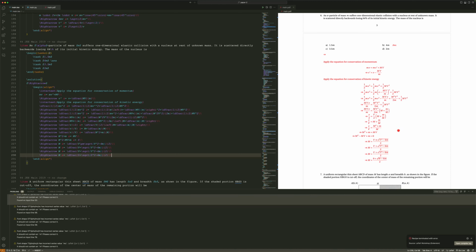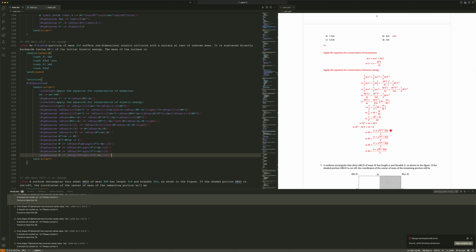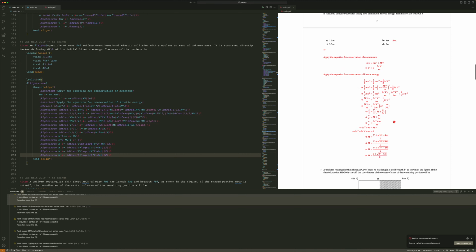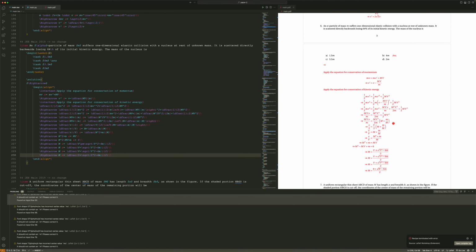Which is right, but I don't think it's doing the perfect job here, because it's just missing the point. This is making it more complicated. It's not that complicated, it's very simple, but it is making it much more complicated, I think.